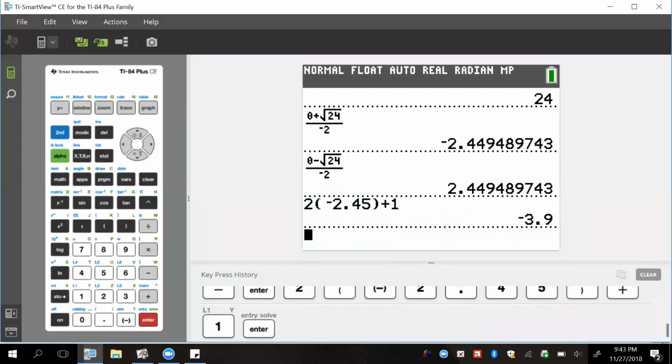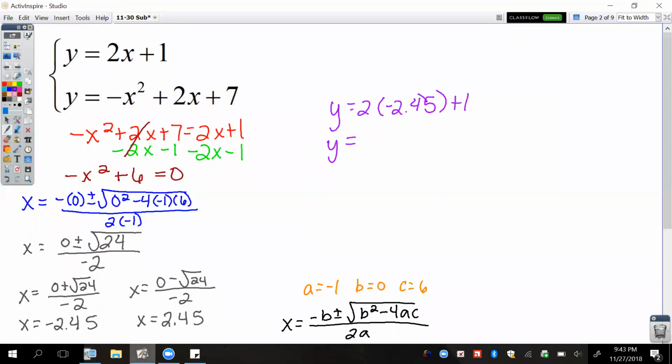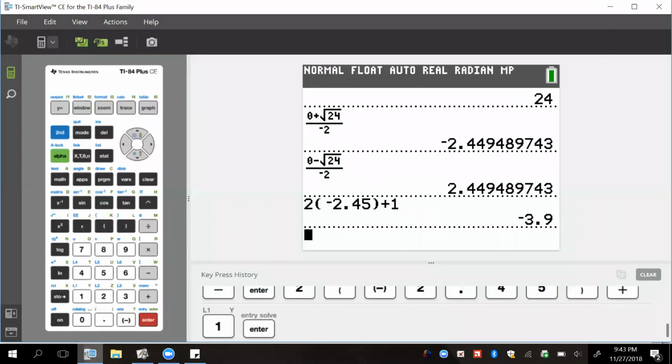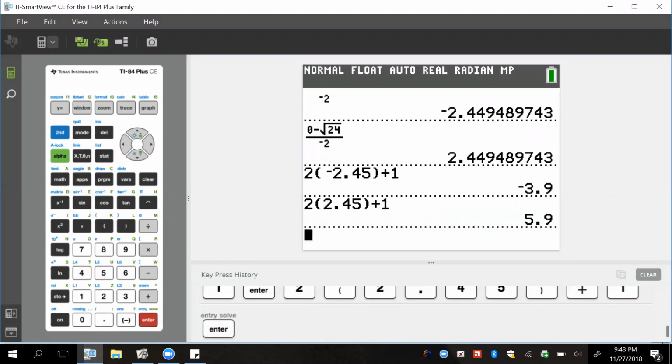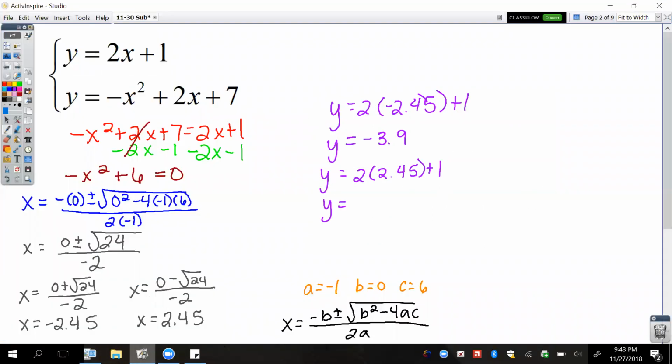Hit enter. I get negative 3.9. Same thing, y equals 2 times 2.45 plus 1. Over here, 2 parentheses 2.45 parentheses plus 1, enter, and I get 5.9.